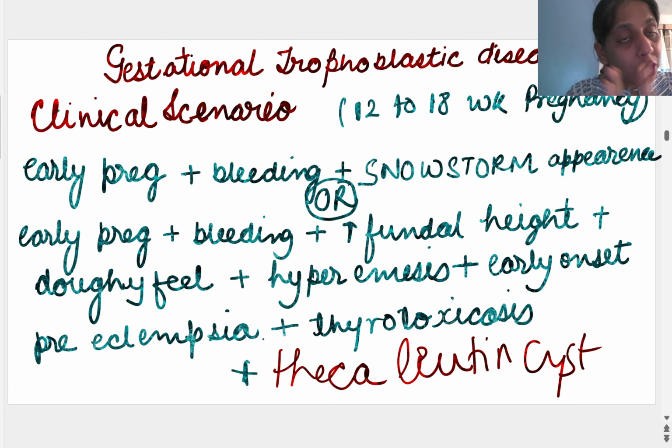Due to vasospasm. Now these abnormal trophoblast cells are not capable of removing the... normally what happens in pregnancy, the trophoblast cells, extravillous trophoblast cells, you will focus here, this was a question of NEET PG 22, it can come in your exam.